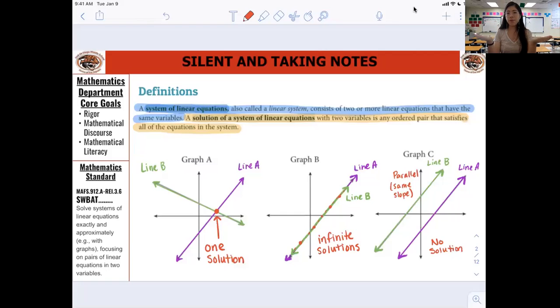Are they going to have different equations or pretty much the same exact equation? The same. Exactly. Since it's located in the same exact place, line A and line B will have the same equation. So we'll see what that looks like.